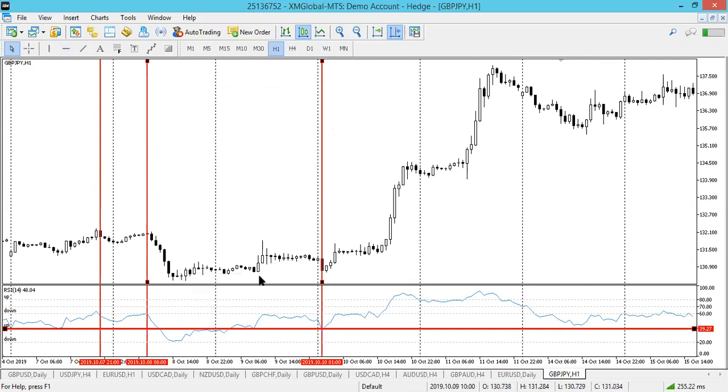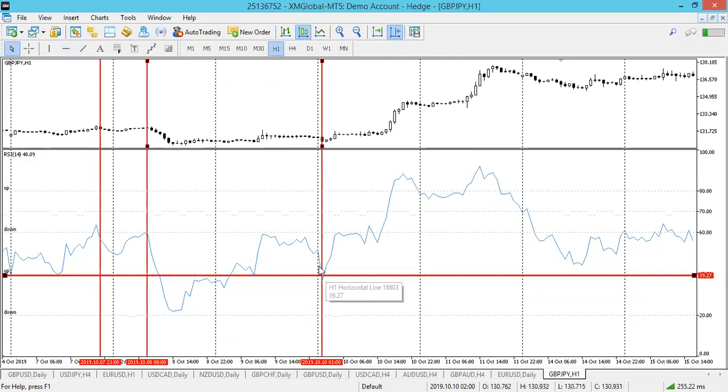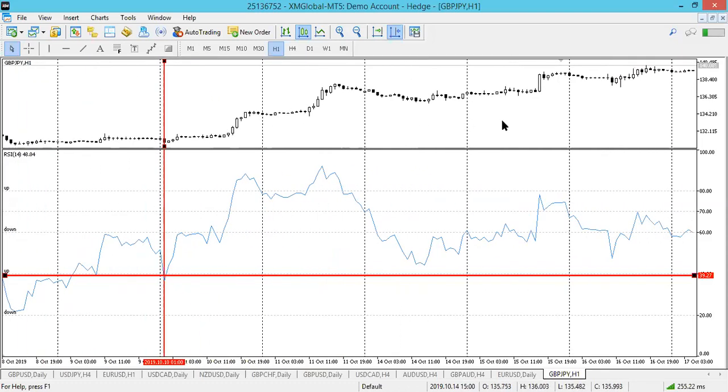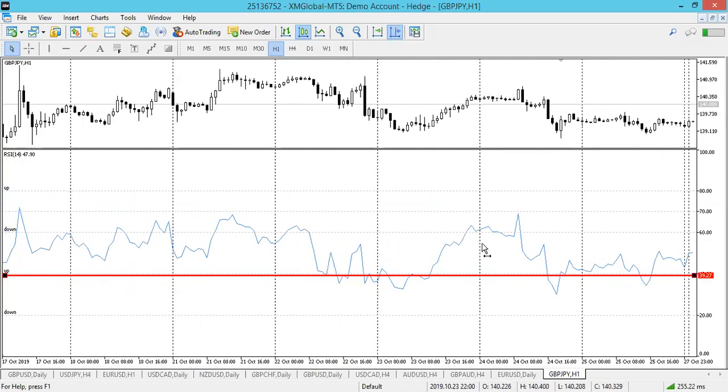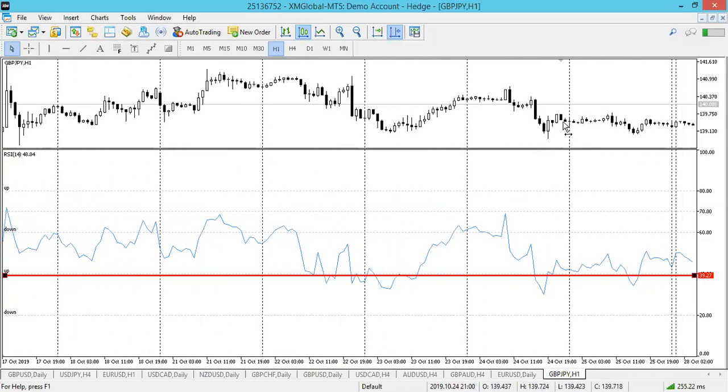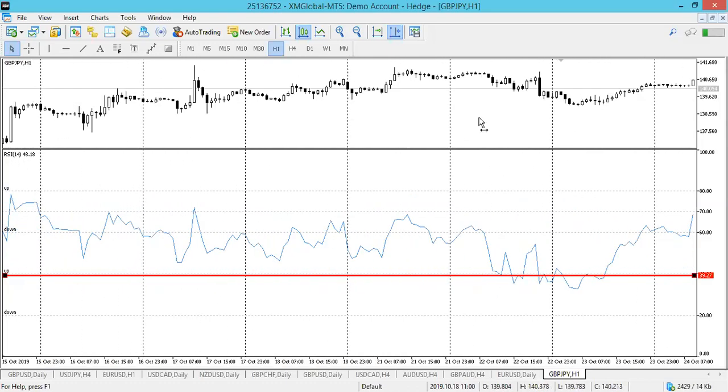So low, high, higher low, higher high. At that point in time, this is an oversold condition. So, from there, the market went up. Sadly, hindi na kinuha. Dito na siya kumuha, but it already started consolidating.